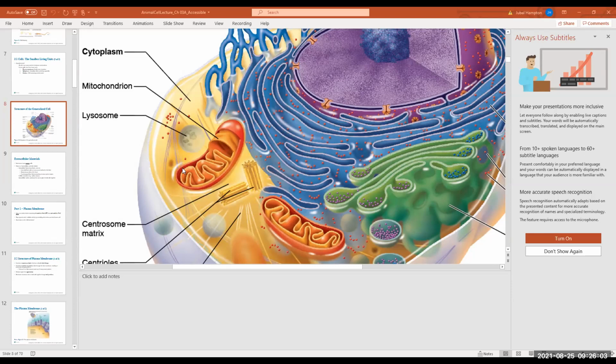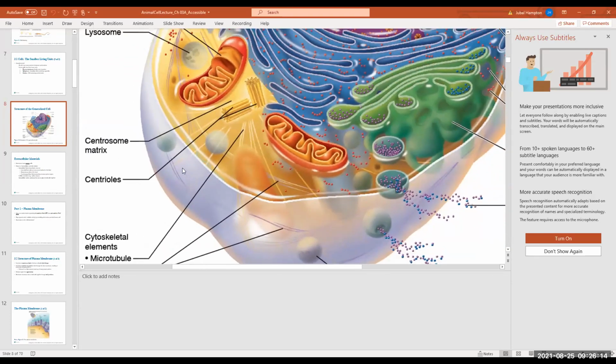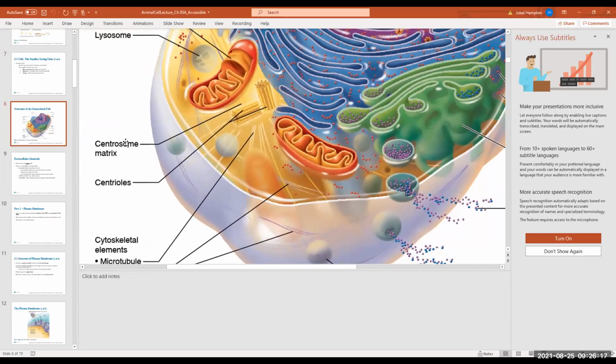A centrosome is composed of a pair of centrioles. And here on the screen, we have a centrosome matrix, which would compose these 2 centrioles. So a centrosome is going to be composed of 2 centrioles. The centrioles themselves are going to be composed of microtubules.